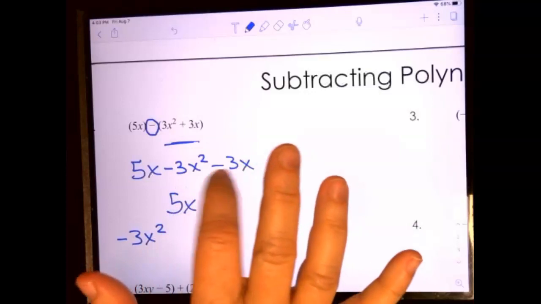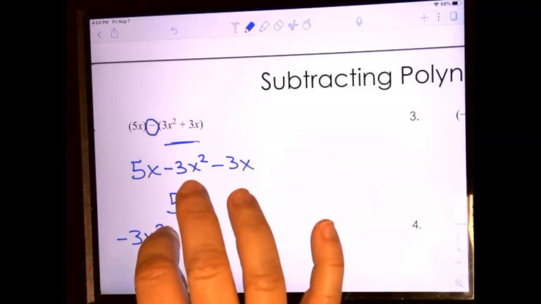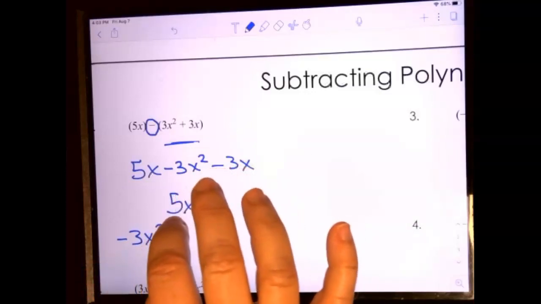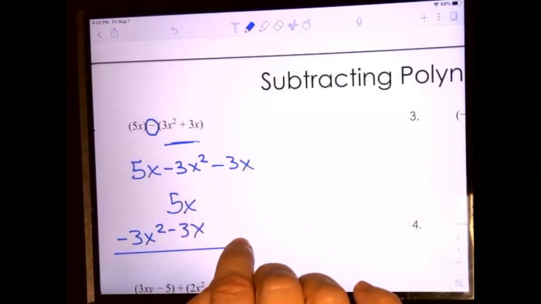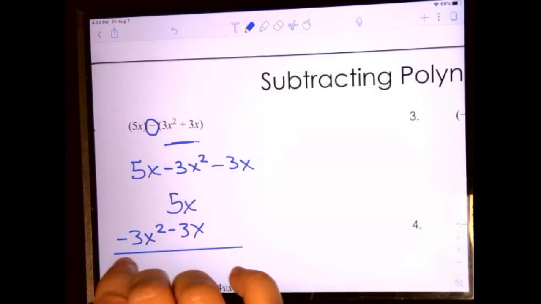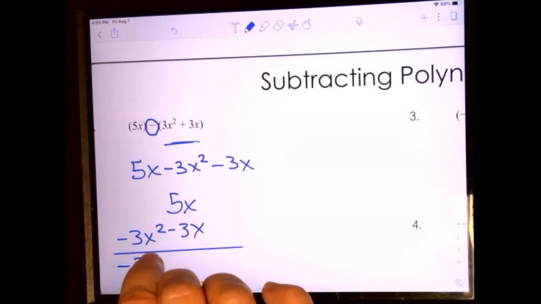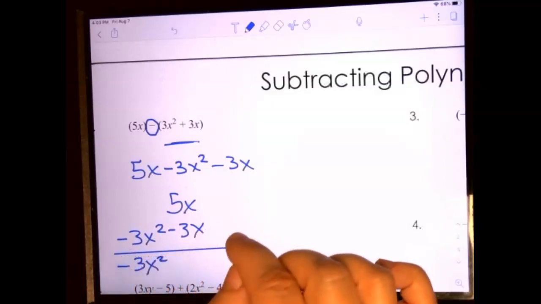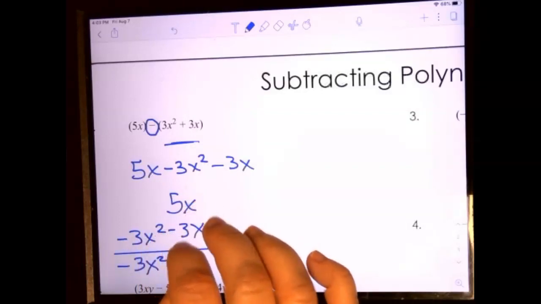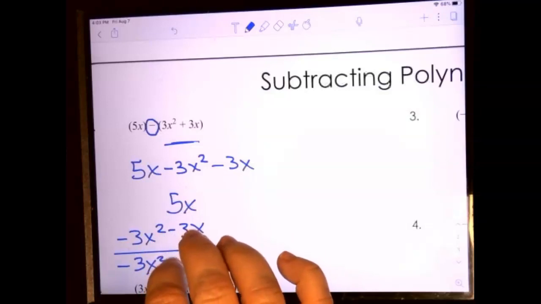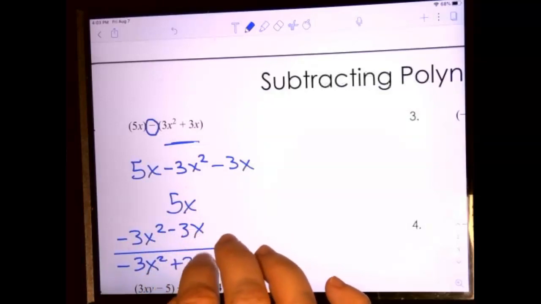And then I have minus 3x is what's left, and that matches up with the 5x, so I can just put that here, and I can do the same as I did before. So negative 3x added to nothing gives me negative 3x, and then I have 5 minus 3, so that will give me a positive 2x.